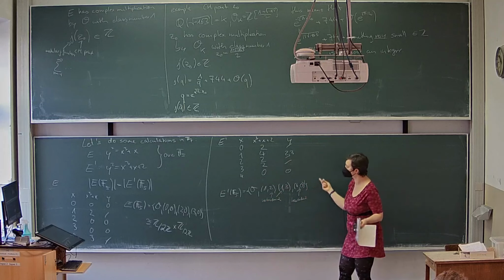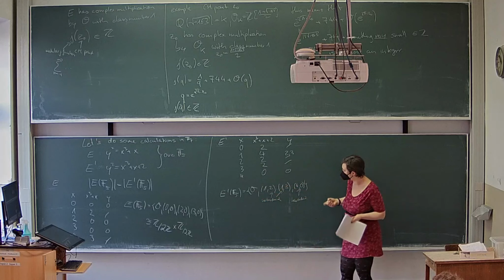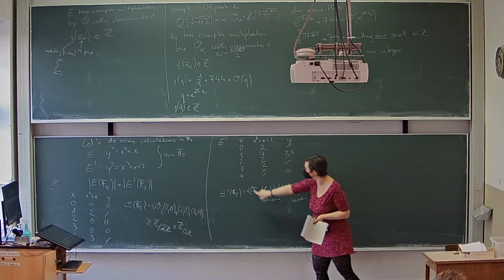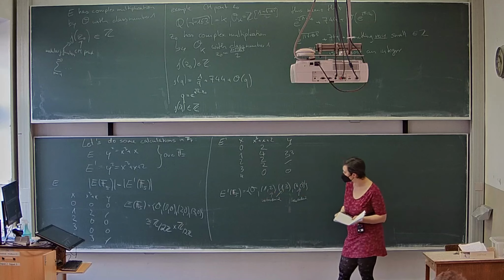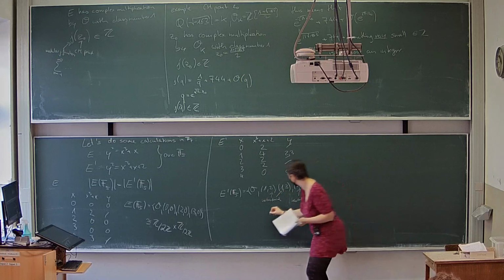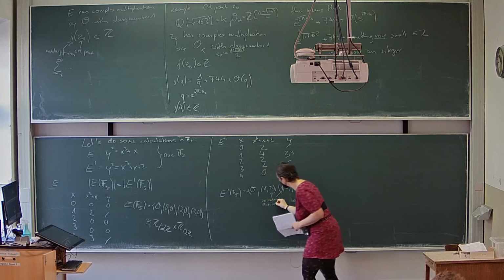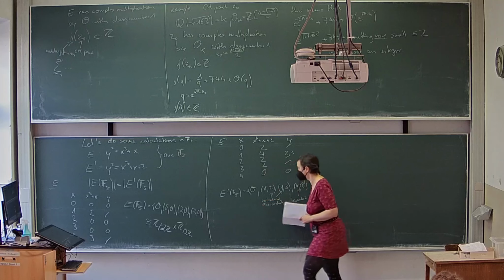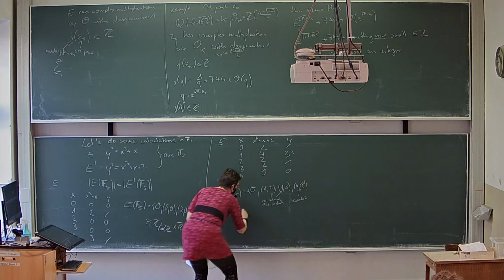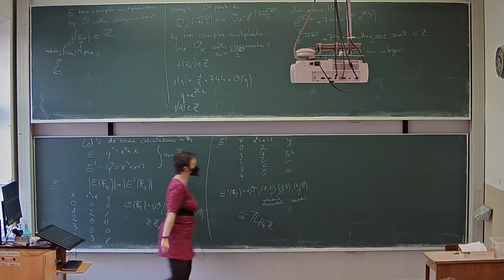So they have to have order 4, because the group size is 4 and the divisors of 4 are 1, 2, and 4. This is the only point of order 1, this is the only point of order 2, and they have order 4. And this means that the group is isomorphic to Z mod 4Z.